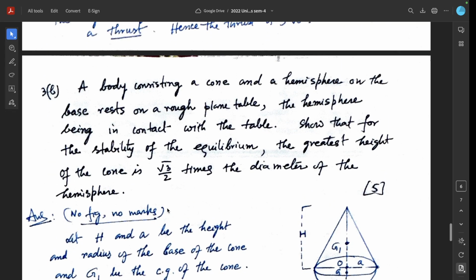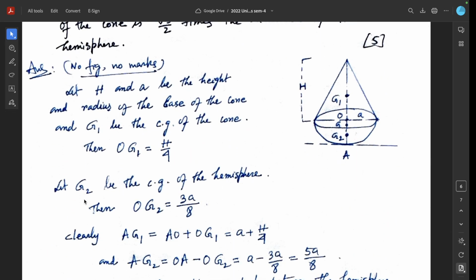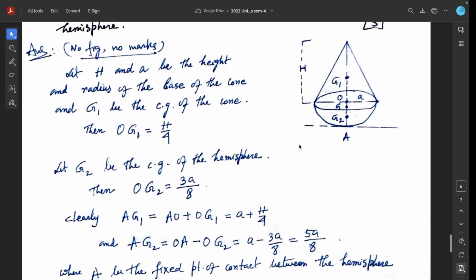Next, let G2 be the center of gravity of the hemisphere. So OG2 equals 3a by 8, from the chapter on center of gravity. Remember this result is 3a by 8 if the radius is a.